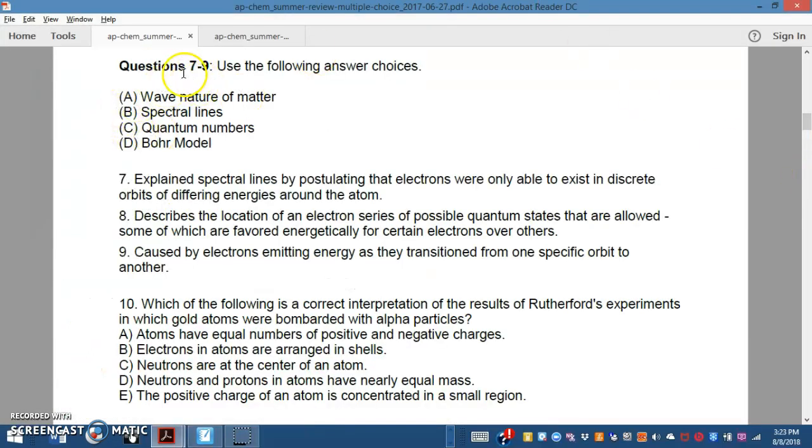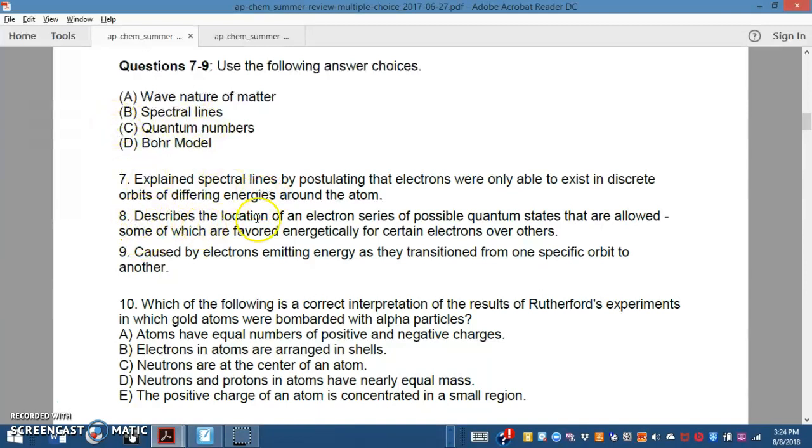For all those questions 7 through 9, those are the clues and the choices that you have. For number 7, explain the spectral lines by postulating the electrons were only able to exist in discrete orbitals with different energies, that's Bohr.